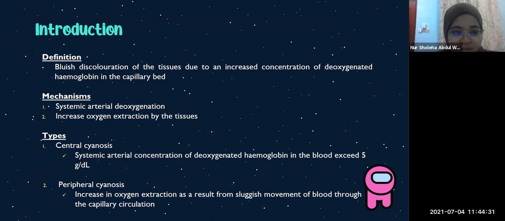Due to that, we have two types of cyanosis, central cyanosis and peripheral cyanosis. Central cyanosis is due to the systemic arterial concentration of deoxygenated hemoglobin in the blood exceeding 5 grams per deciliter. Meanwhile, peripheral cyanosis occurs when there is increased oxygen extraction as a result of sluggish movement of the blood through the capillary circulation.